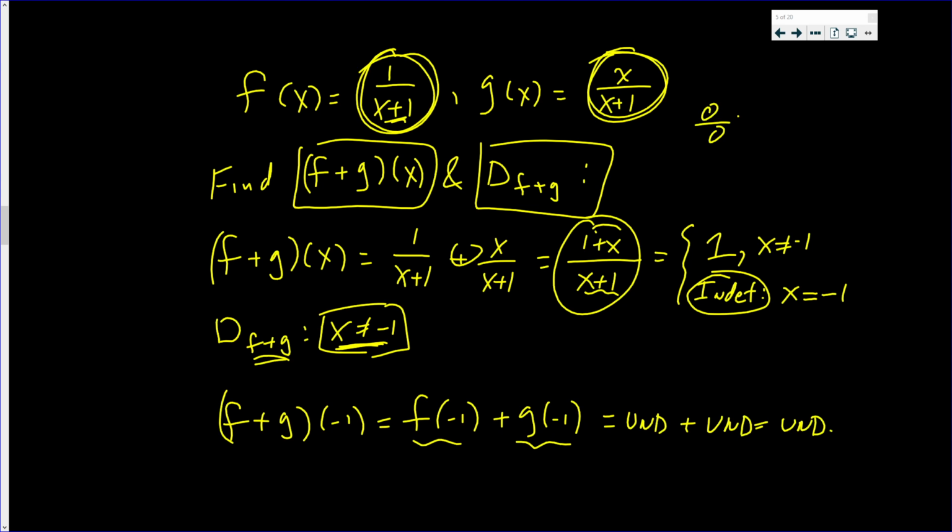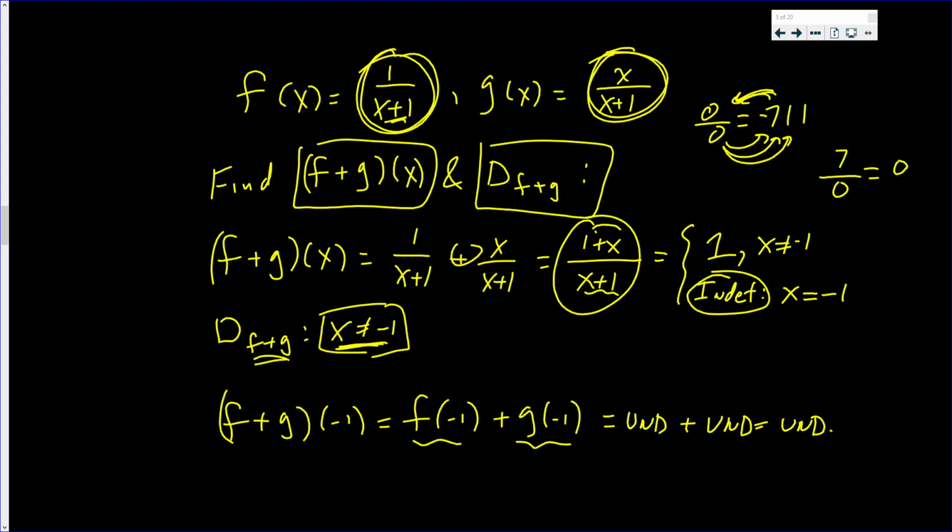It is undefined. 0 over 0 is not undefined. 0 over 0, it can be 7, because 0 times 7 is 0. It can be 71. 0 times 71 is 0. It can be -711, because 0 times -711 is 0. But if you have 7 over 0, it's not defined.